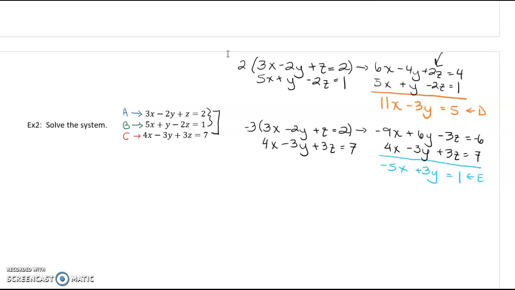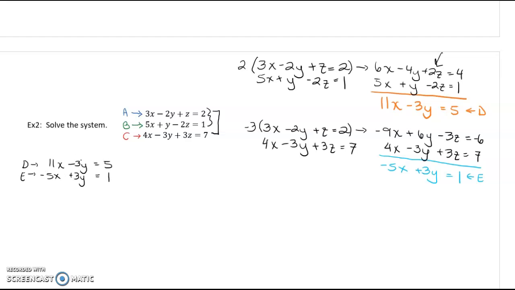So now we have 5 different equations. We have the original 3, A, B, C, and then we have these new 2 that we just made, D and E. We're going to use D and E together to do elimination again to solve for one of the variables. So equation D and E. Now I have 11x minus 3y equals 5, and then I have negative 5x plus 3y equals 1.